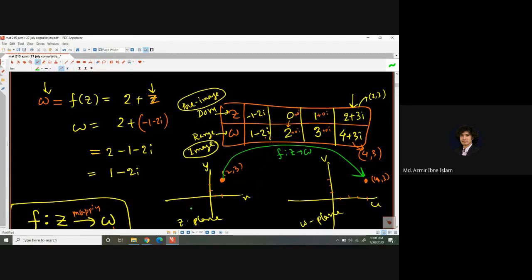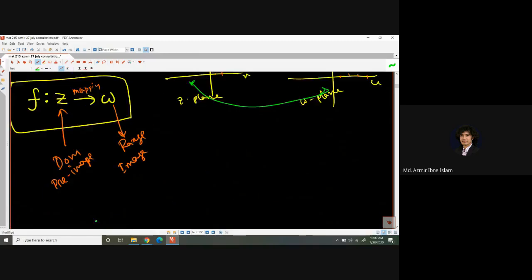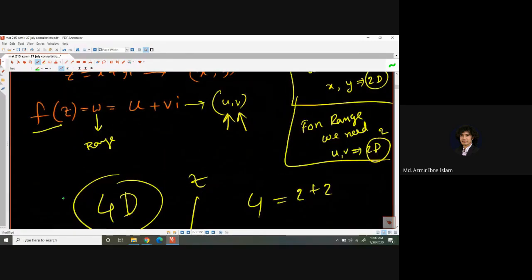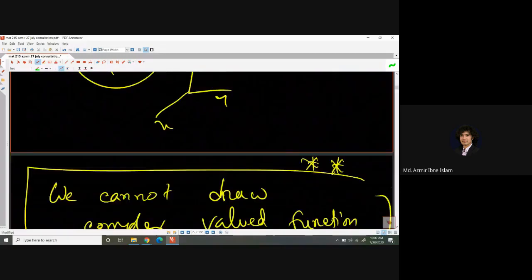So we can also think about all the points. Let's say -1, -2. This is going with -1, -2. That means 1, -2 will be here. So we can then map all these things. That is the representation. You will understand if we think about one, let's say one square.